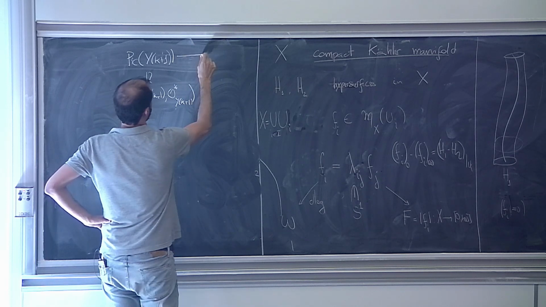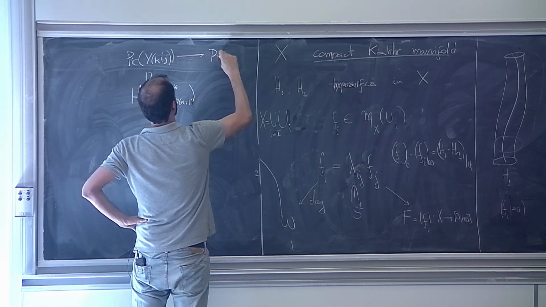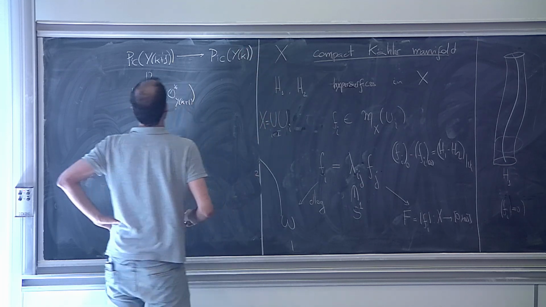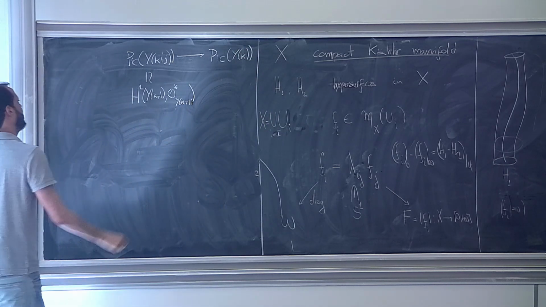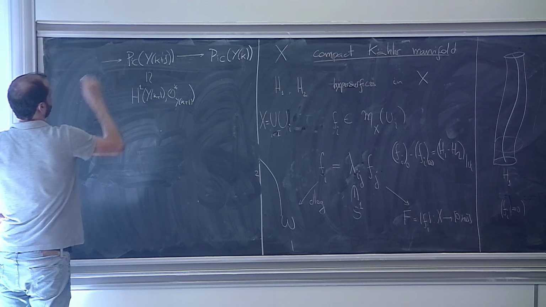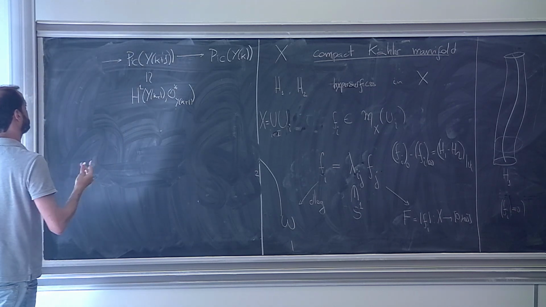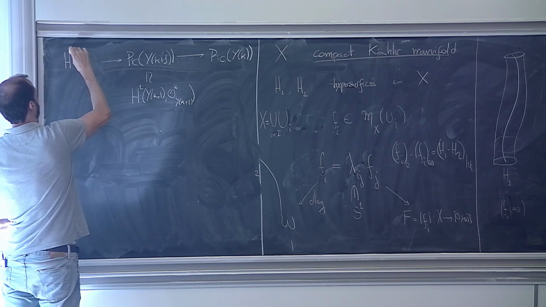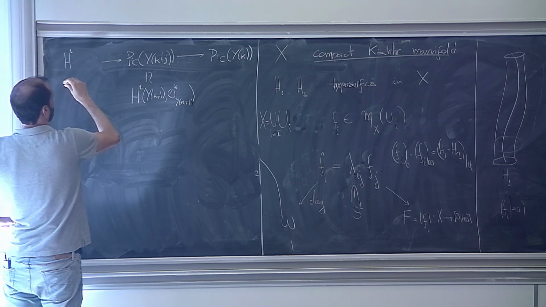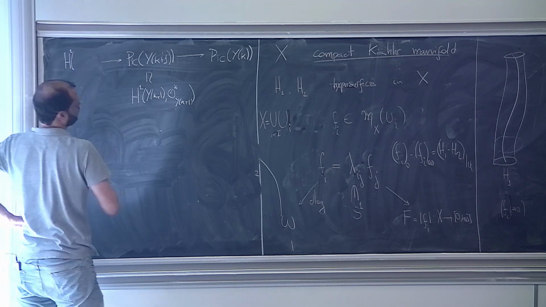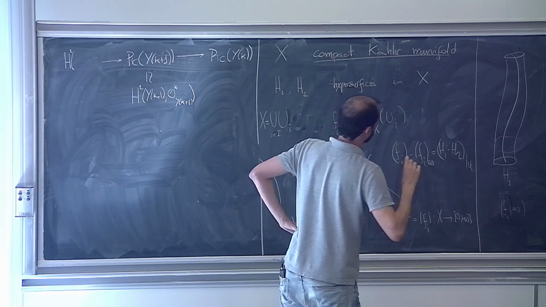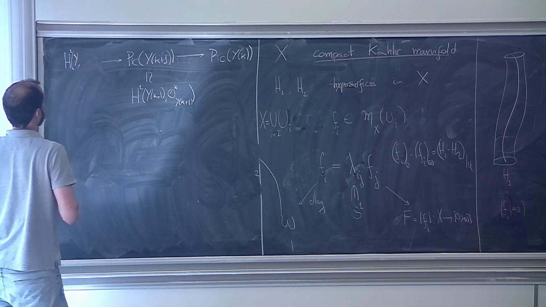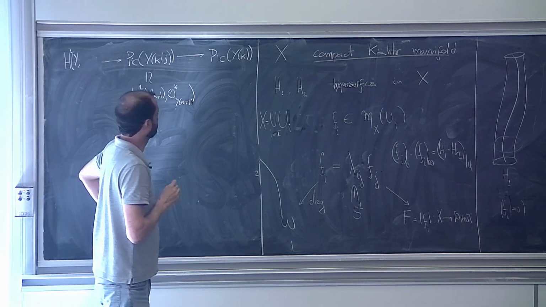We have the restriction morphism to the Picard group of Y_k. And here we have this truncated exponential sequence, which maps by computations very similar to what Jean-Benoit did one day ago.